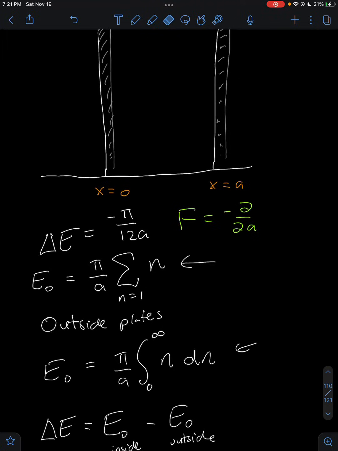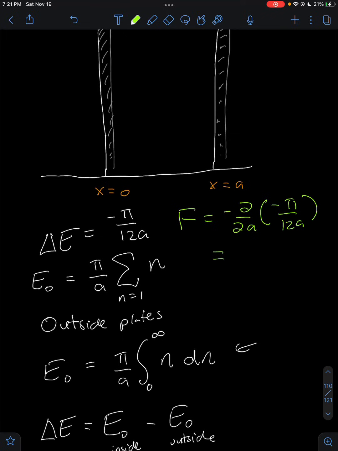So minus partial of delta E over partial a, and delta E is just what we found, which is minus pi over 12a.